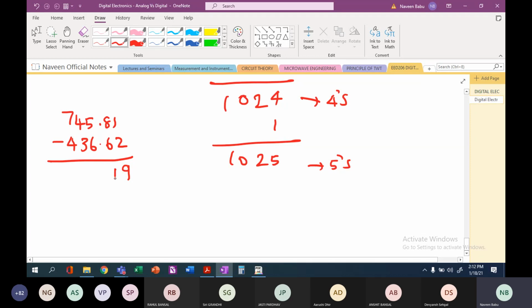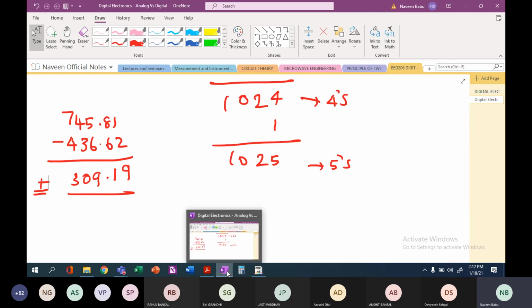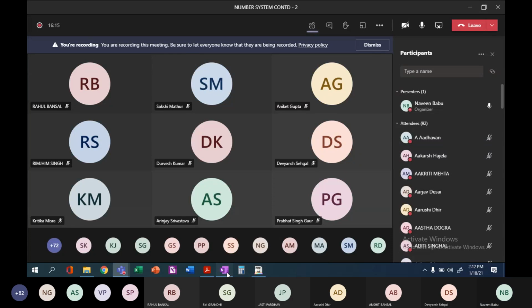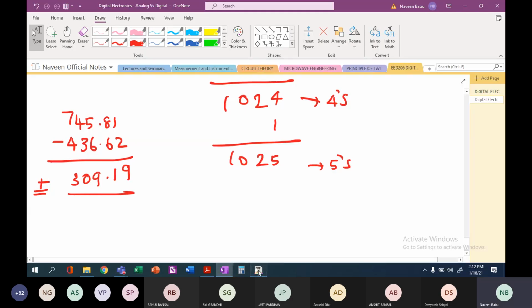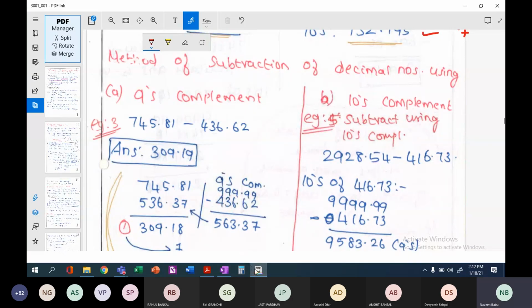There will be a carry here. So it is 1. So this is going to be 9 and then 0 and then 3. So this is your answer. Please note that the answer will be a positive number. This is a positive number because 745 minus 436. So it is going to be a positive number and the answer is 309.19. Okay. Now, how should I do it?